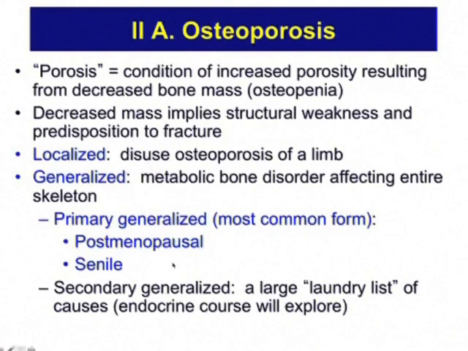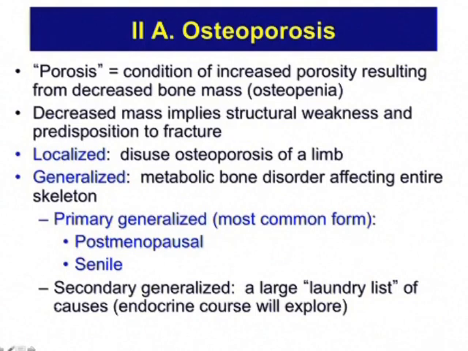And then the more common form, and if we don't specify, this is what most people are talking about, is the generalized form of osteoporosis, which is going to affect most of the bones in your body. And the two principal settings where this happens are with increased age, so age-related, and postmenopausal. So we'll look at the mechanisms of that.